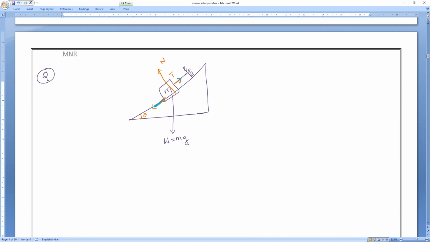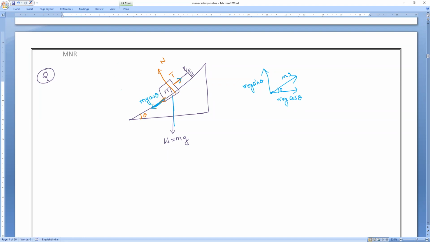Then the x-axis as well as the y-axis. We studied this many times before. So here is the theta. Mg is the resultant force. Here it will be mg cos theta, and here mg sin theta. Am I right? In the x direction, what will act?